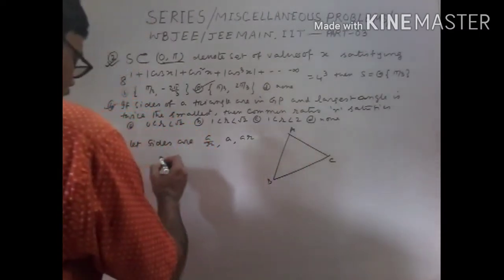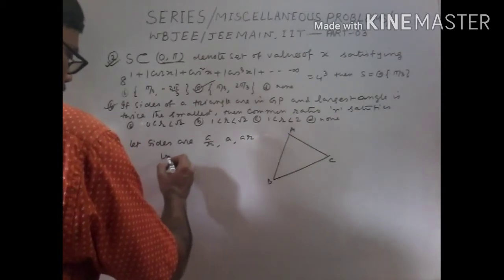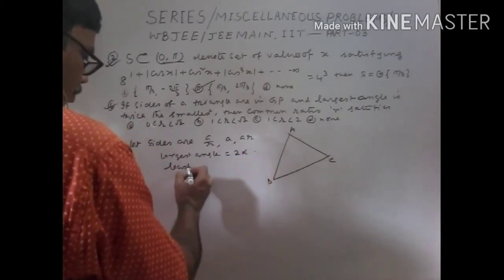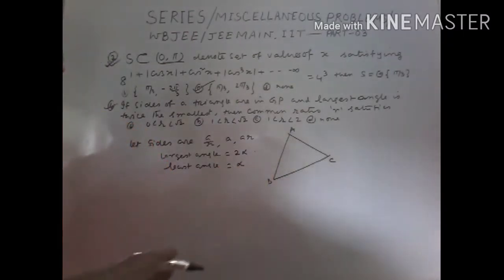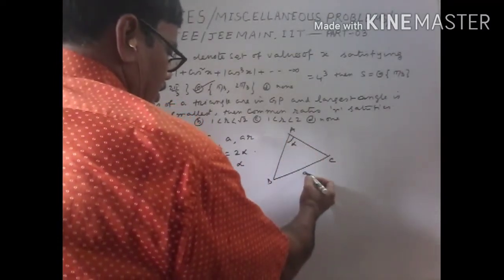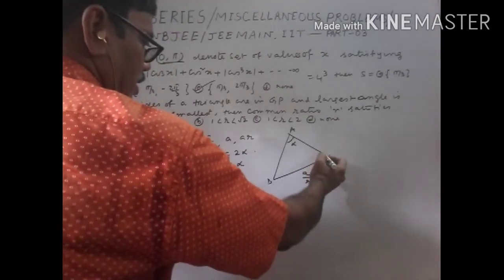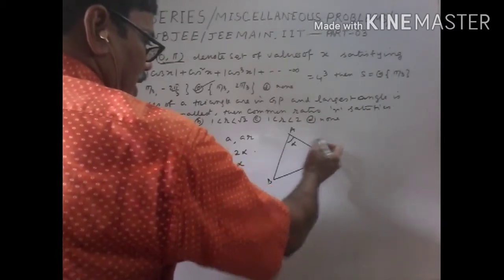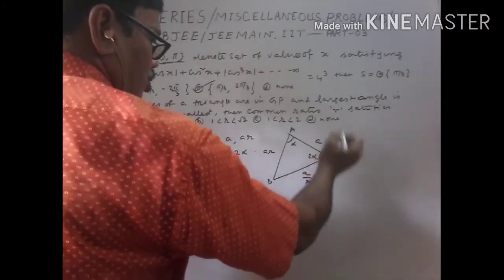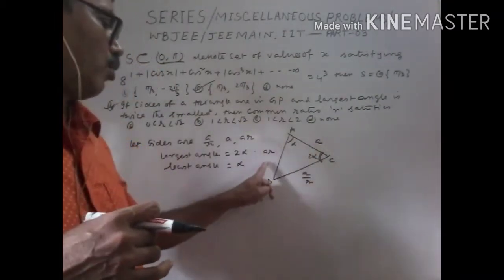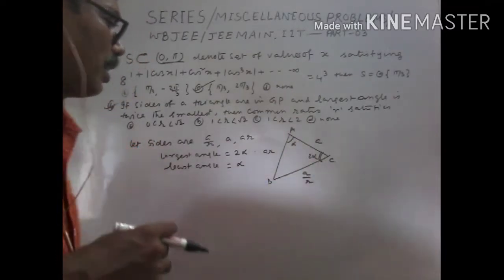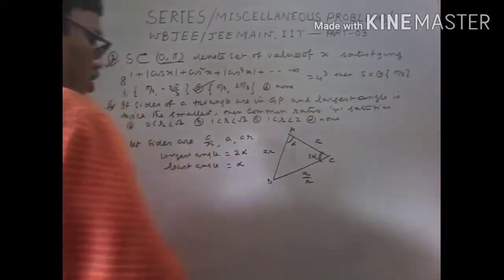Suppose the smallest angle is alpha, and the largest angle is 2 alpha. Taking the sides in GP, a by R is the smallest side, so the opposite angle is smallest, alpha, and aR is greatest, so its opposite angle is 2 alpha.